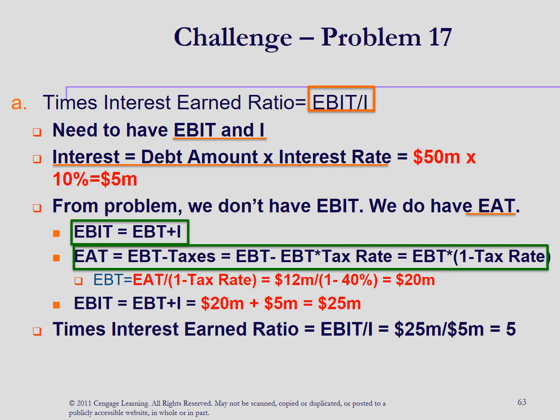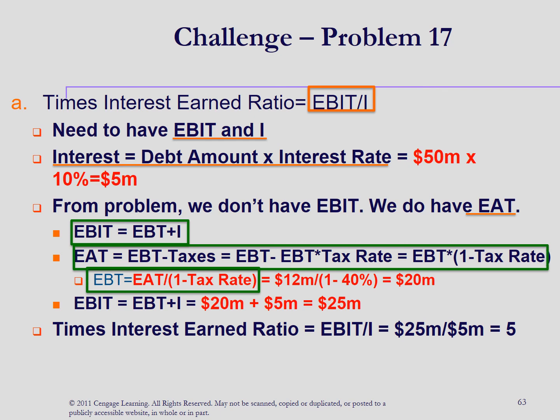Dividing this equation by 1 minus tax rate on both sides, we obtain the formula: earnings before taxes are equal to earnings after taxes divided by 1 minus tax rate. We have earnings after taxes of $12 million, tax rate of 40%. We therefore obtain earnings before taxes as $20 million.